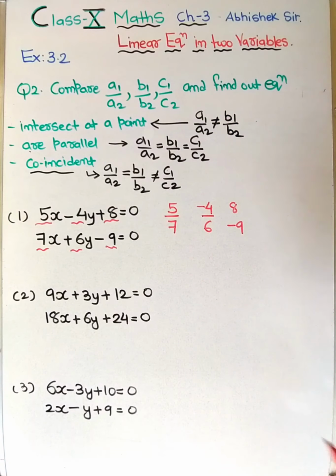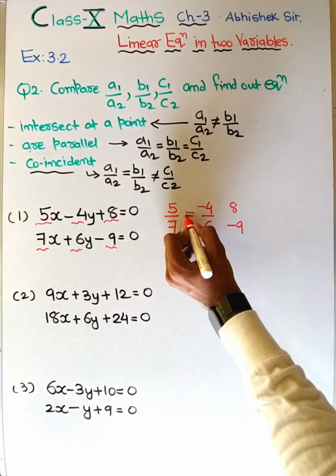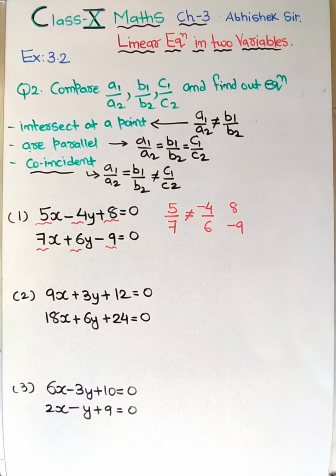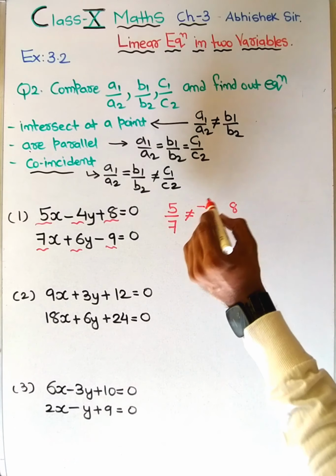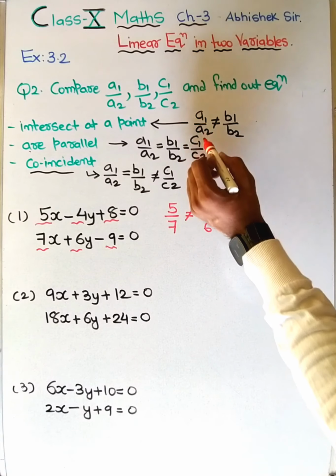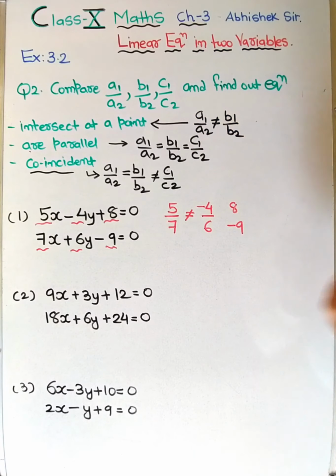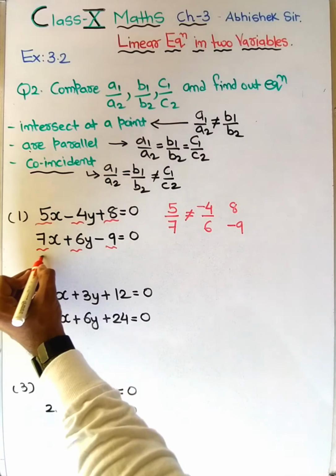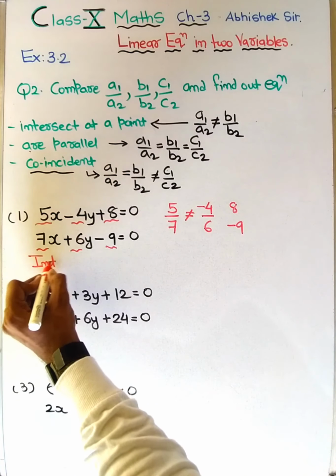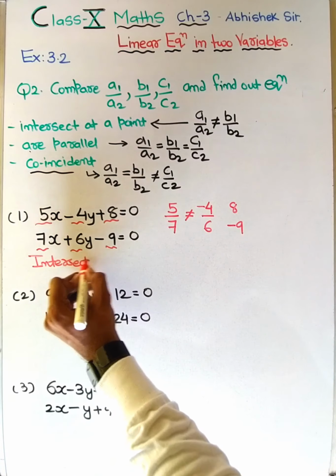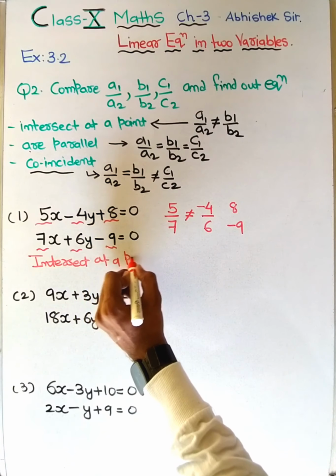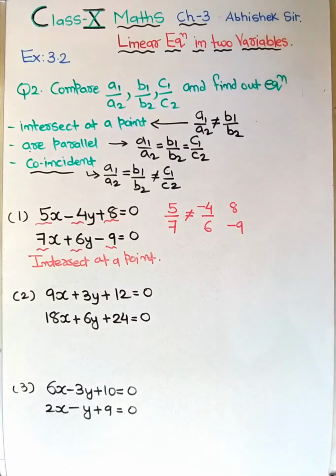So you see, this is satisfying the condition that lines intersect at a point, right? That is, A1 by A2 is not equal to B1 by B2. So these lines intersect at a point, so it will have one unique solution.